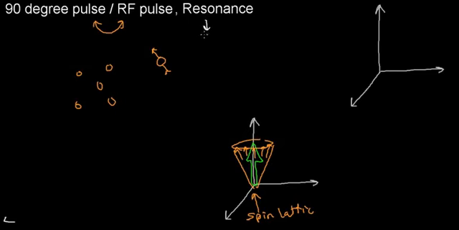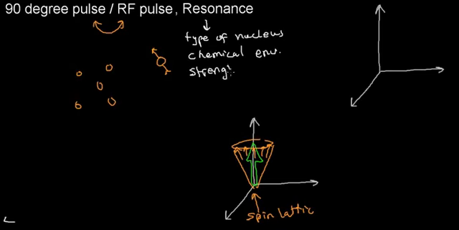What affects the spin of the nucleus? First of all, the type of nucleus. This is before we even introduced a homogeneous magnetic field to it. So the type of nucleus, and obviously the chemical environment, and the strength of the magnetic field, and by magnetic field I mean the homogeneous magnetic field that we're applying. All of these affect the way this little guy will spin.